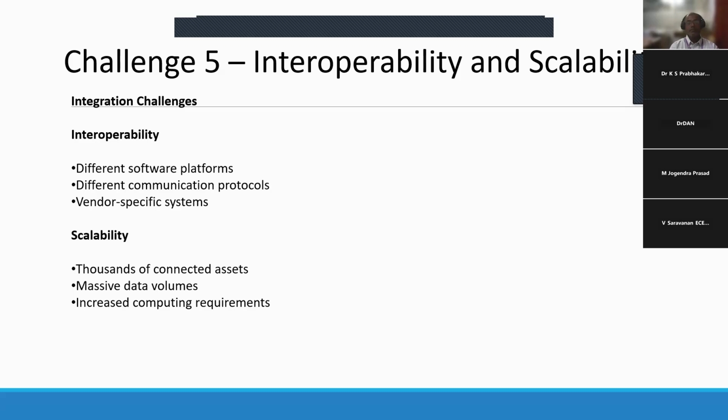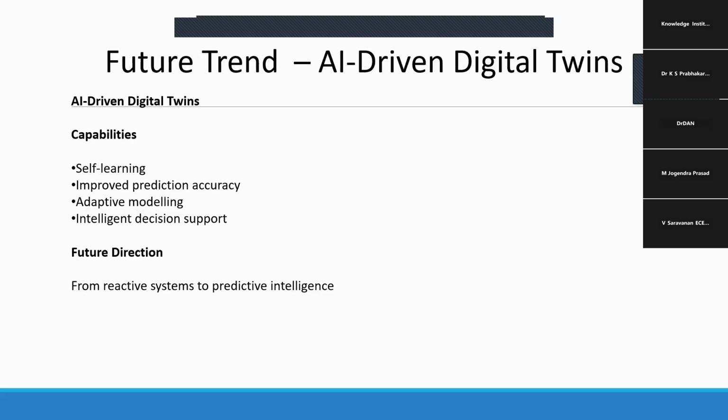But suppose you want to do it for an entire industry or an entire city, then thousands of assets bring significant challenges related to data management, computational resources, and system complexity. So that is also a very important challenge. These are all certain challenges for implementing the digital twin.